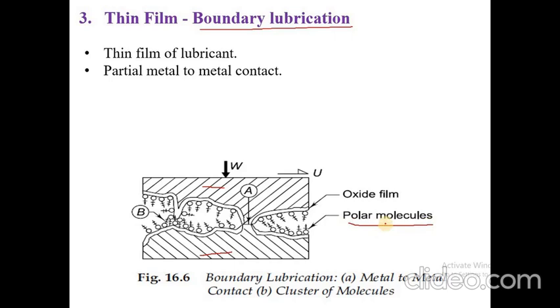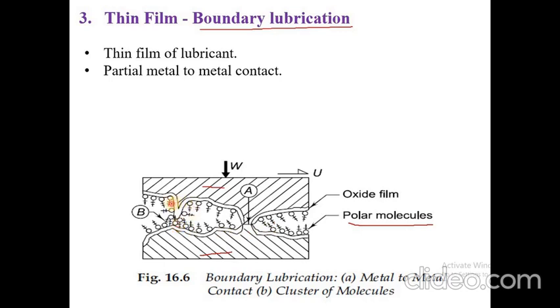Now polar molecules are nothing but the molecules which are having a permanent separation between positive and negative charges. Now due to this tendency, they can orient and stick among themselves in a particular manner. So they can form a compact film.